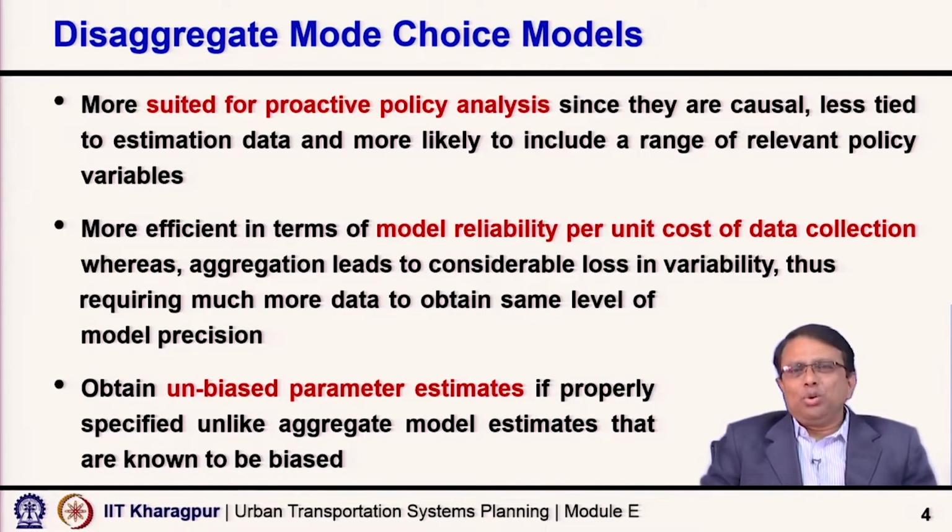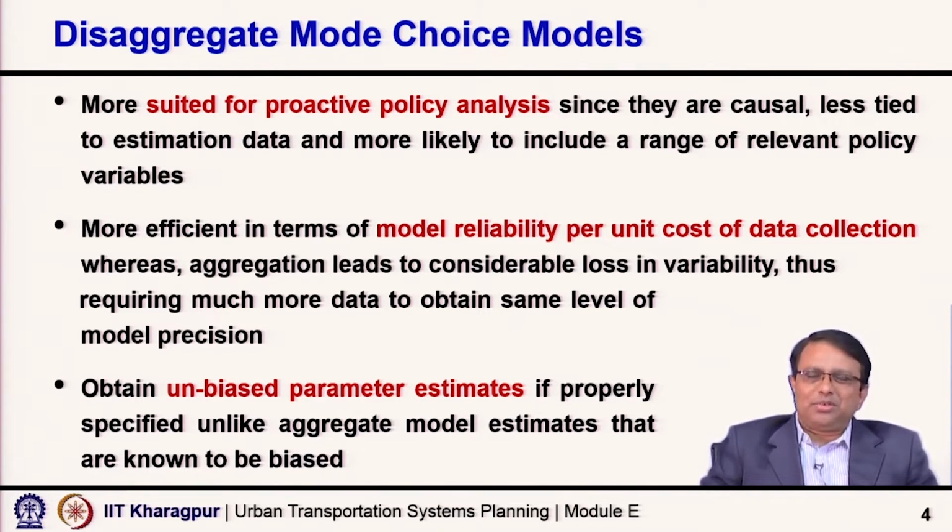So, I can say how the choice of an individual is likely to get influenced if I reduce the fare of public transport, or if I provide, say, bus priority at signalized intersections to improve the bus journey time, and then how that is going to attract more people to the bus system. Such policy interventions, and how the choice decision is likely to get influenced, could be studied or investigated.